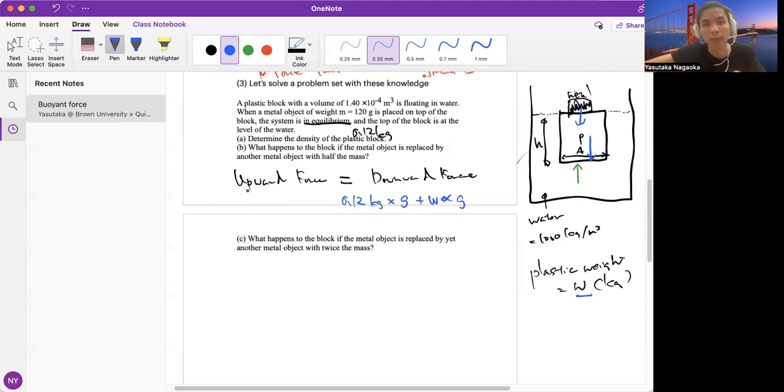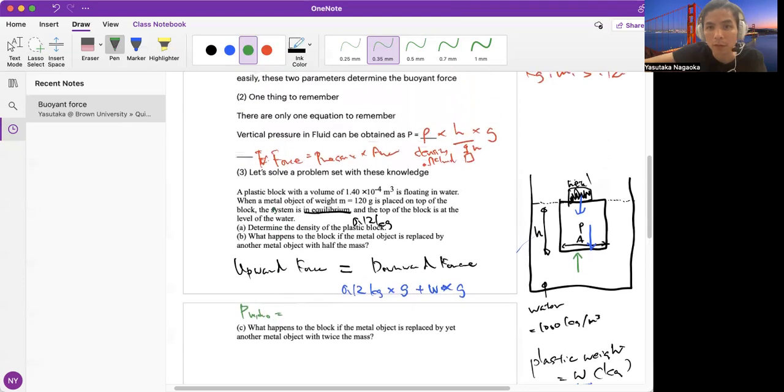The upward force is hydrostatic pressure, and using this equation, it is going to be rho multiplied by H multiplied by G. But this is pressure, not force.